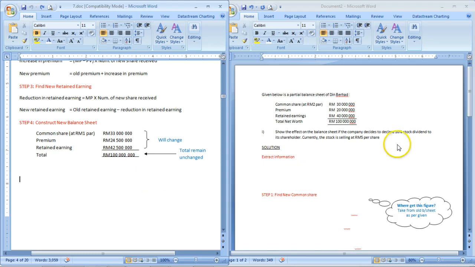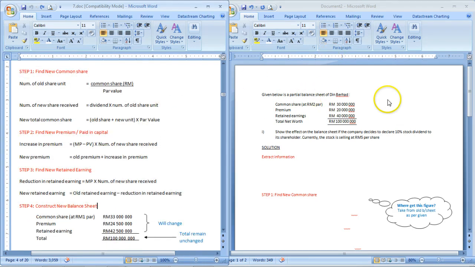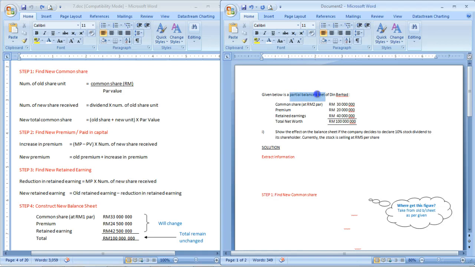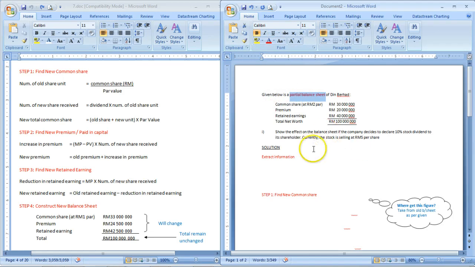Now I give you one question, and I will try to apply the formulas one by one. This is your current partial balance sheet. As you know, a balance sheet has current assets and liabilities, but this is a partial balance sheet. Common shares are 2 ringgit at par, 30,000 premium and retained earnings.